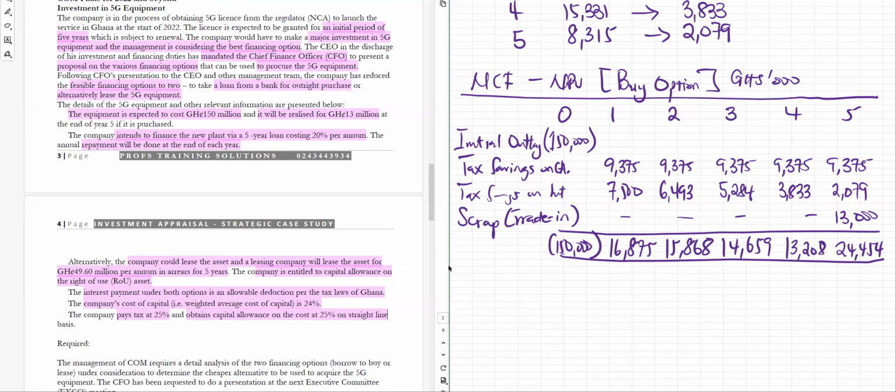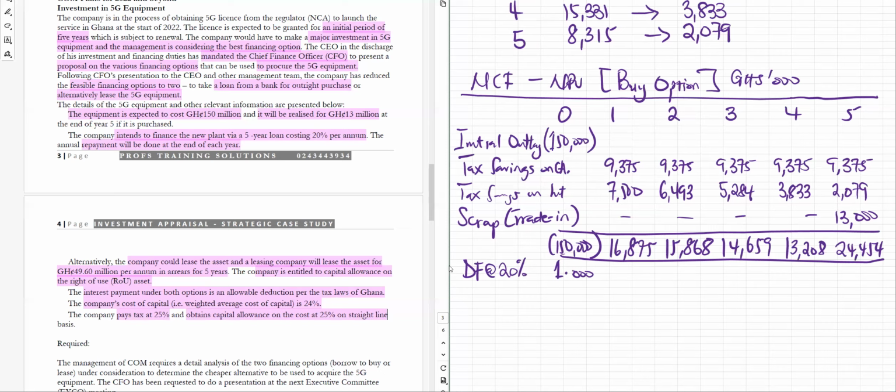With this being said, we can get our discount factor at the post-tax cost of borrowing, and in the question, I gave you 20%. We always know in year 0, the discount factor is 1. Then for year 1 we do 20%, and you know how to discount already.